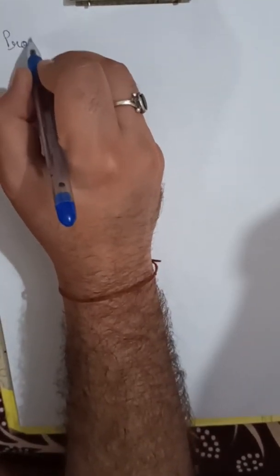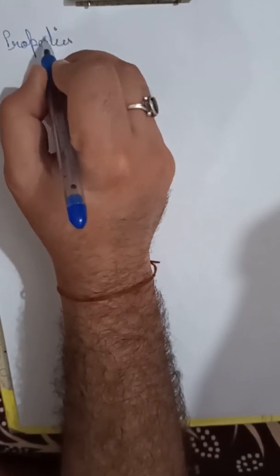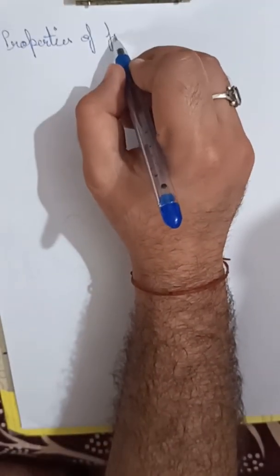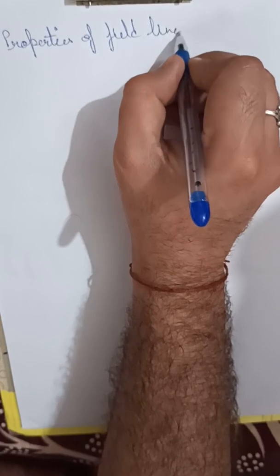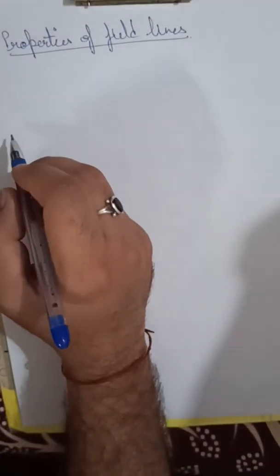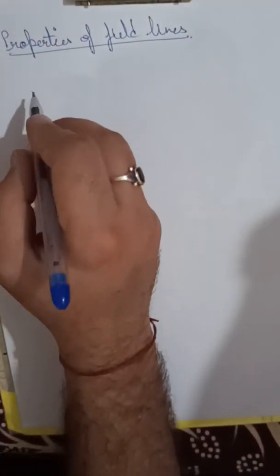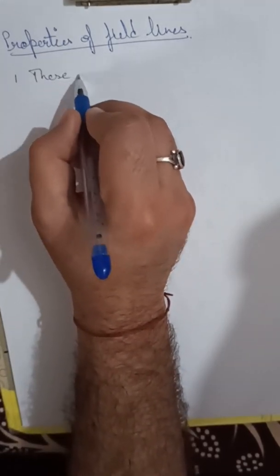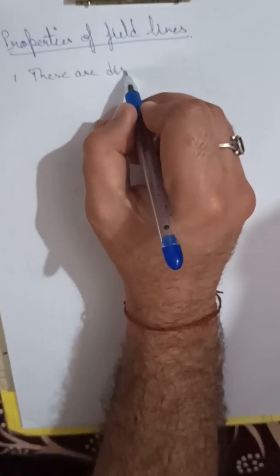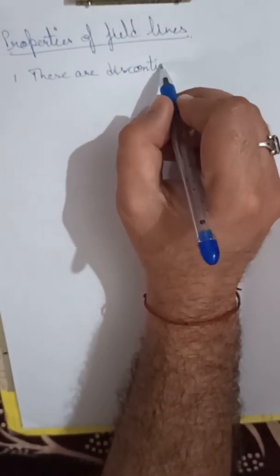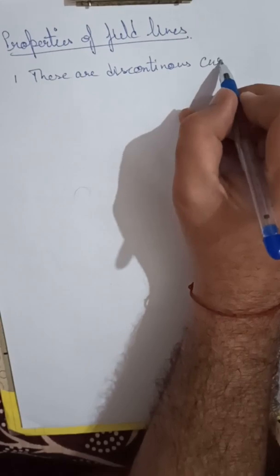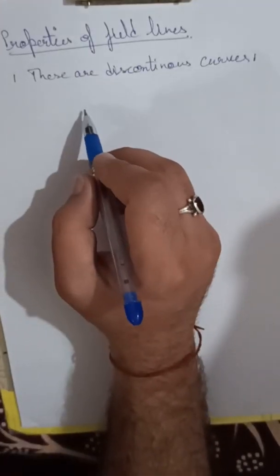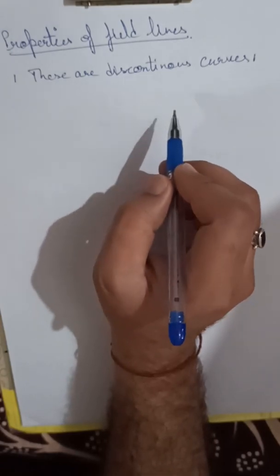So now an important topic, that is properties of field lines or electric lines of forces. So properties. The first property is these are discontinuous curves. Discontinuous curve means that it starts from positive charge and ends up in negative charge.